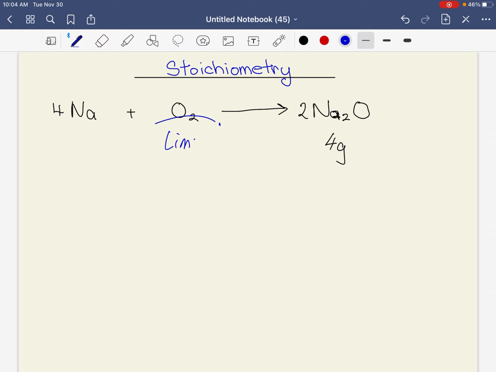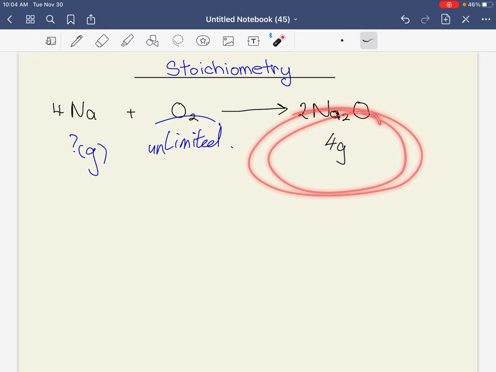Based on the fact that O2 is unlimited, how much sodium do I need to accomplish this task? Some dude says, hey, I want 4 grams of sodium oxide. Exactly 4 grams. How are you going to do that for me?